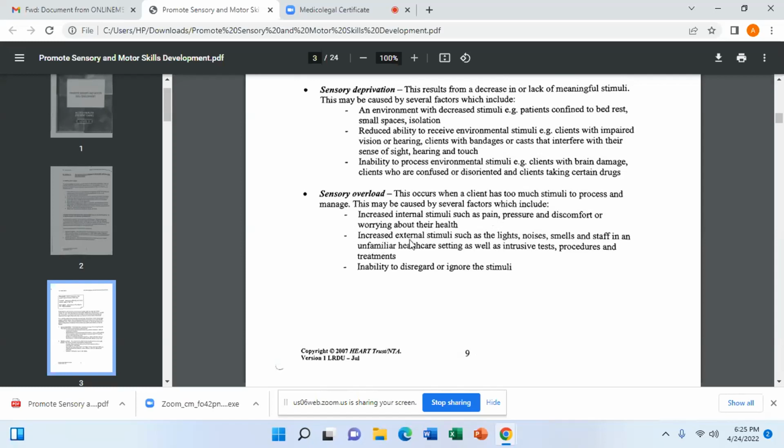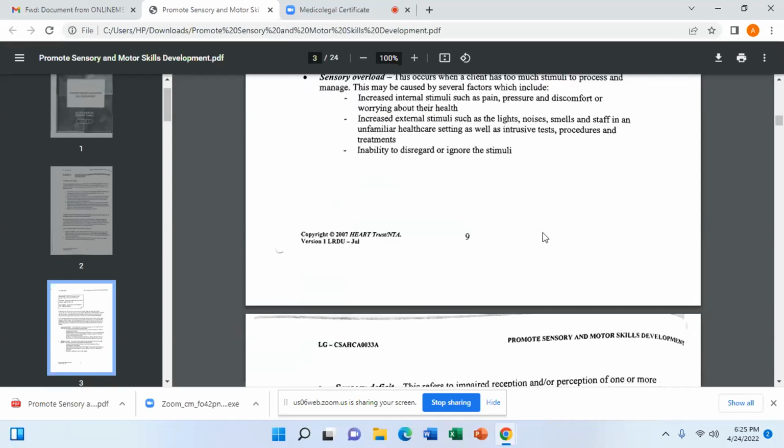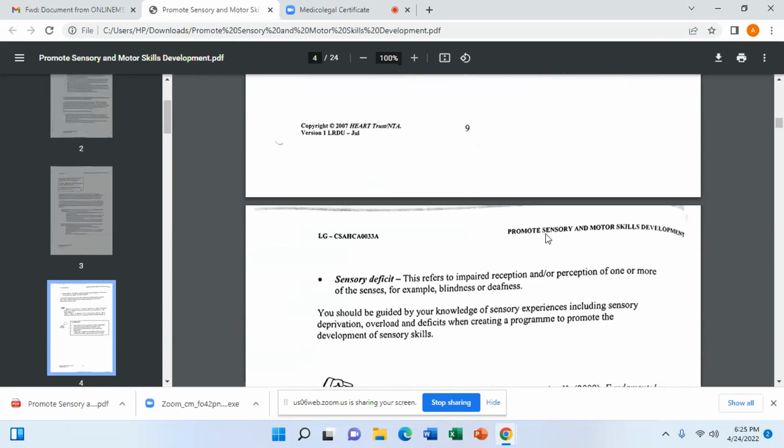And they also have increased external stimuli. So some persons can't tolerate light, they can't tolerate noise, they can't tolerate certain smells, right? Because once they're exposed to it, it's like it's heightened. Like if you are at 50%, they're at 100%, right? And there's an inability to disregard or ignore the stimuli.